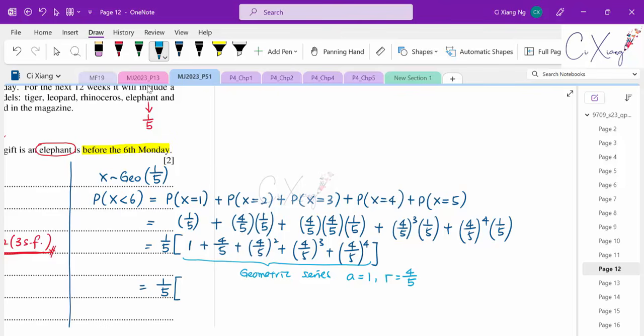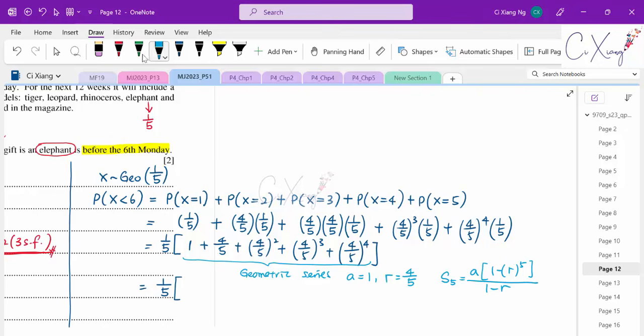If I want to calculate the summation of the first 5 terms of a geometric series, the formula is A times 1 minus r to the power 5, divided by 1 minus r.